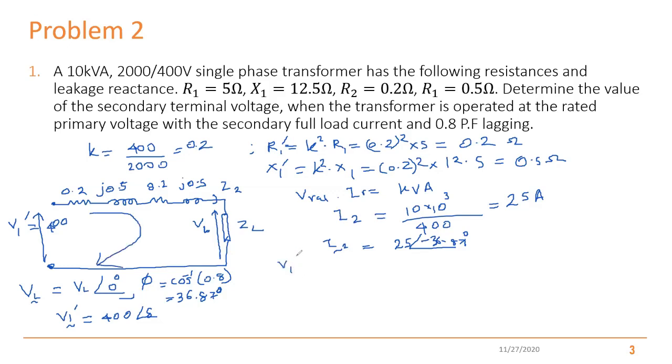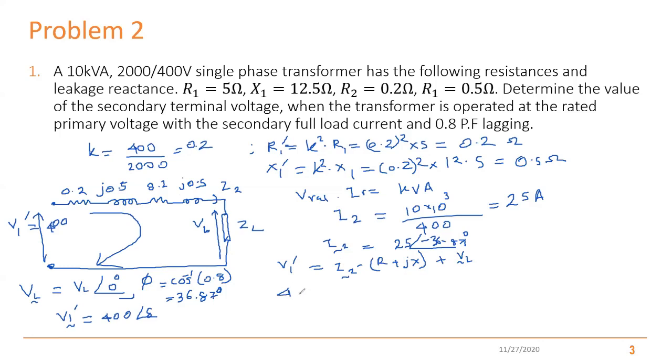V1 dash should be equal to I2 times the total drop in the circuit plus my load voltage.